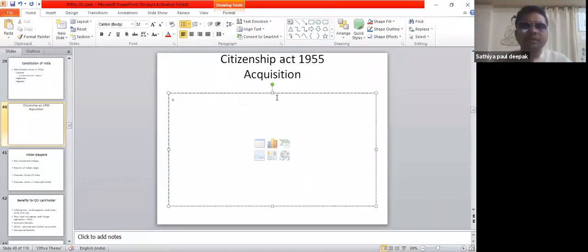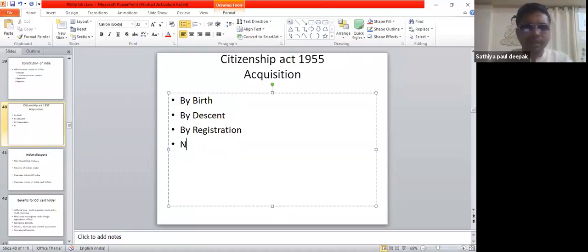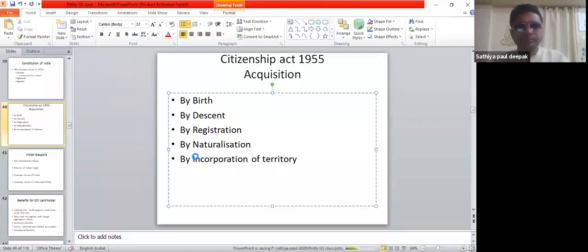Acquisition of citizenship: by birth, by descent, by registration, by naturalization, incorporation of territory.